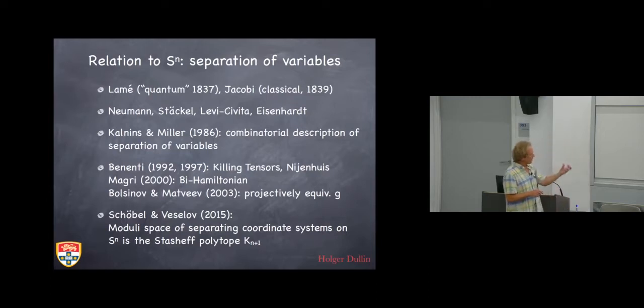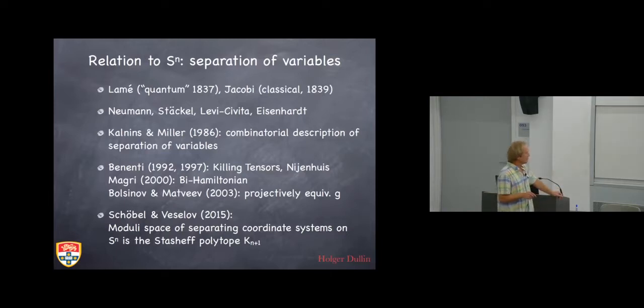But then a more global theory started with Benenti, and he understood somehow that separation of variables is related to the existence of Killing tensors, which commute in the usual sense of their Poisson brackets. A Killing tensor is just a quadratic integral, an integral that's quadratic in momenta. And if you have that, then you can compute Poisson brackets. You can define what it means to be a Killing tensor in that language and what it means for them to have vanishing Poisson bracket.